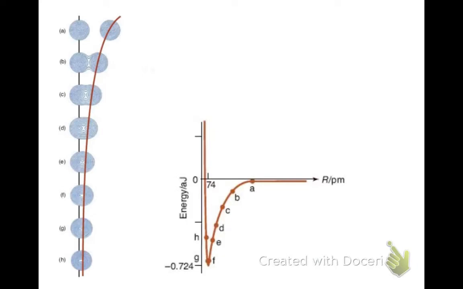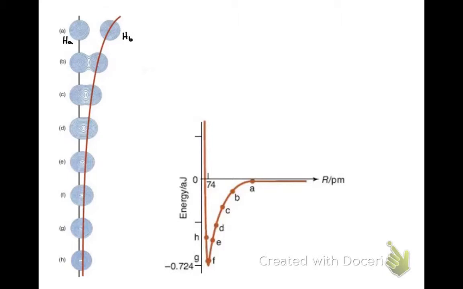So for instance, imagine two hydrogen atoms that are separated in space like this. And if we solve the Schrodinger equation to produce the atomic orbitals, they would be separated just like this, and each would have its own energy associated with it.